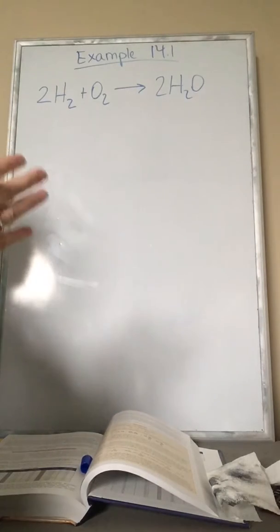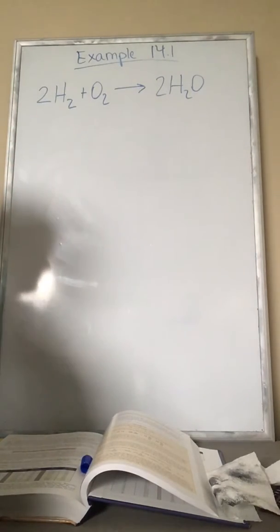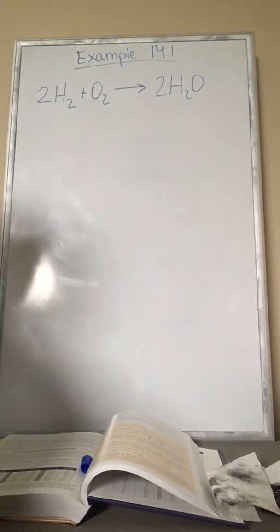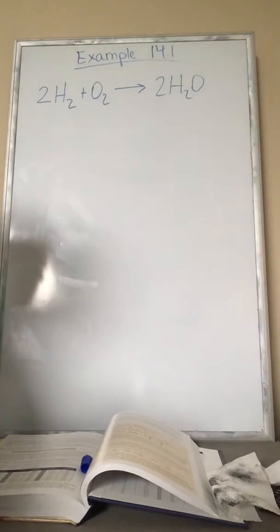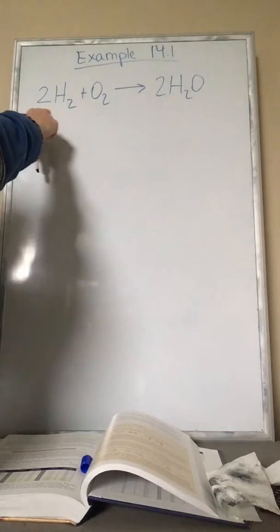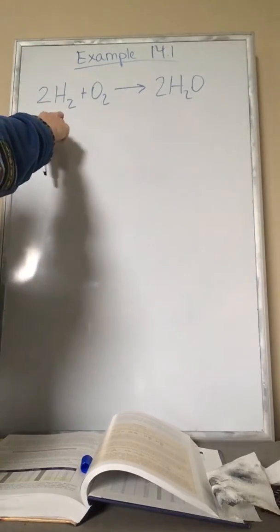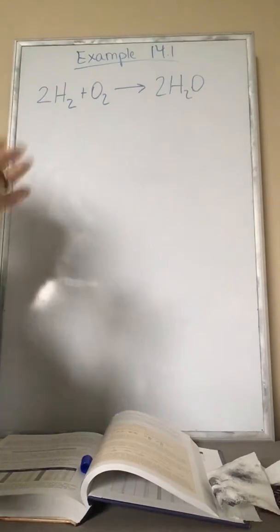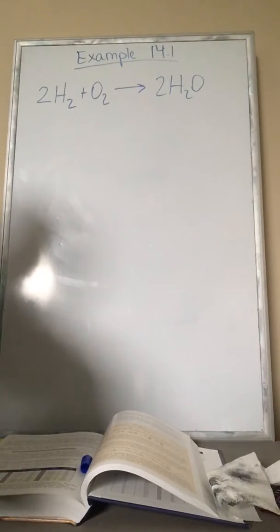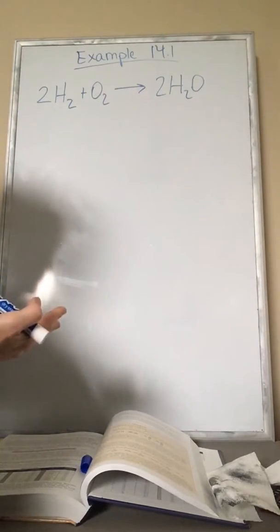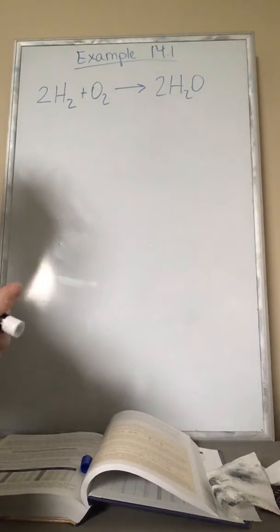First of all, I want you to remember that on the table on page 420, the bond energies are the energy required to break 1 mole of a given type of bond. We're not always just breaking 1 mole. As you can see here, we actually have 2 moles of the HH bonds, and we have to take that into account when we're calculating the overall enthalpy change.